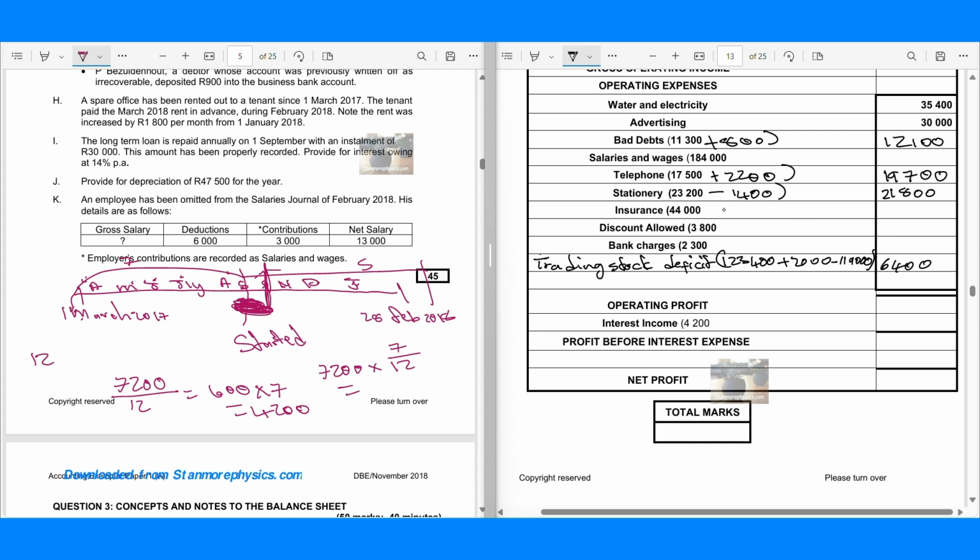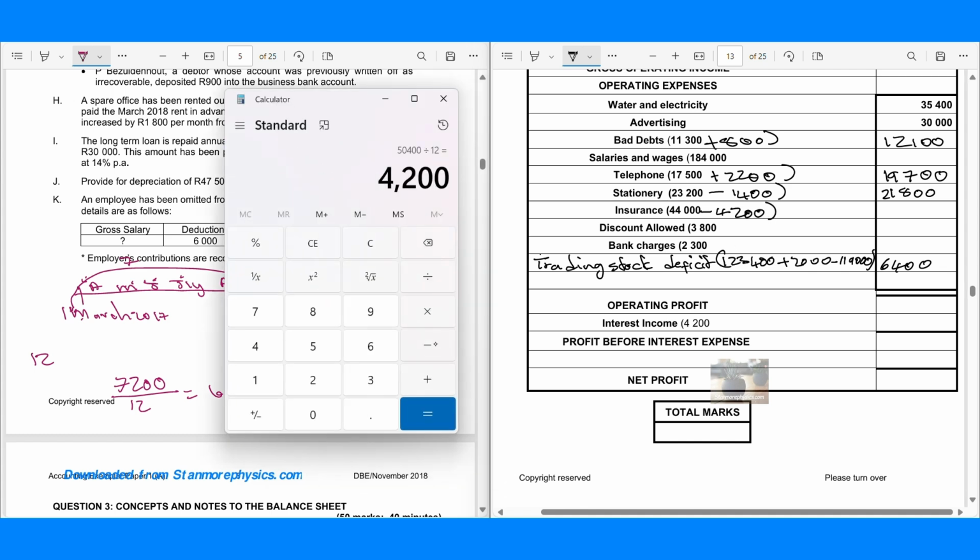So they are owing us, according to the principle. In the expenses, when they owe us, we do what? We minus again. So minus 4,200. So how much are we going to get? 44,000 minus 4,200 is 39,800.